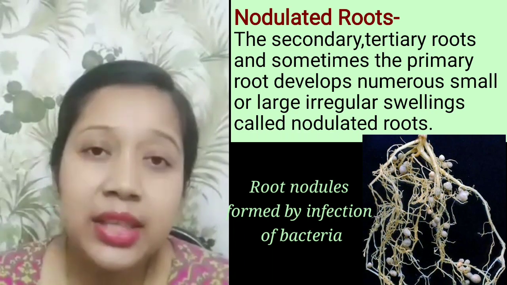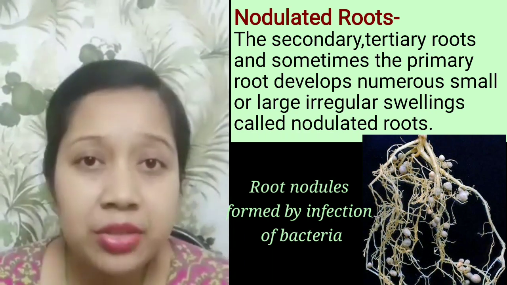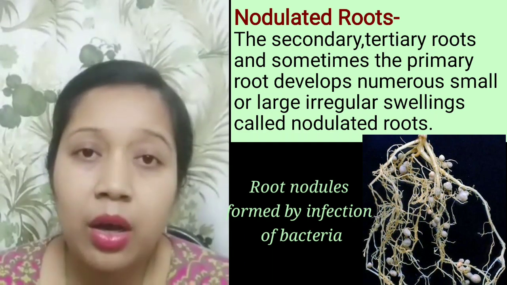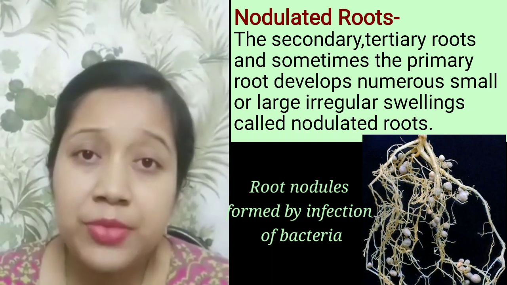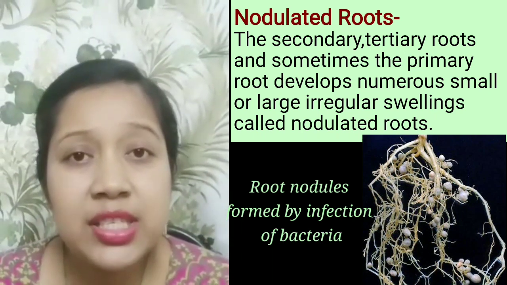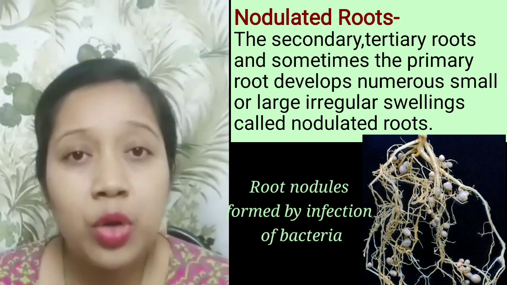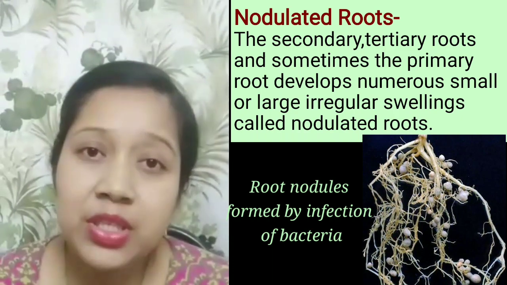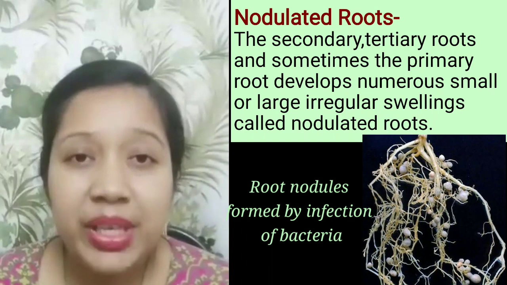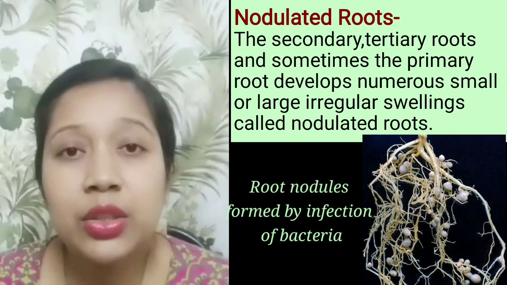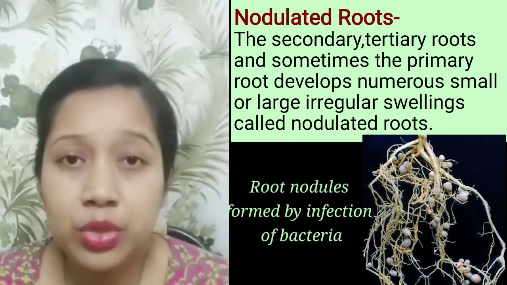The bacteria infect the root system, or the taproot system, of such plants, and the root system becomes swollen at the tips. And these swollen tips, where the bacteria is also present, are called the nodulated roots.